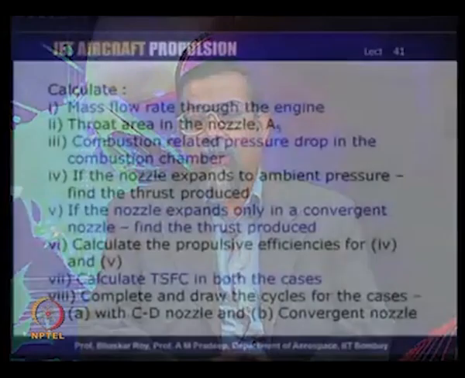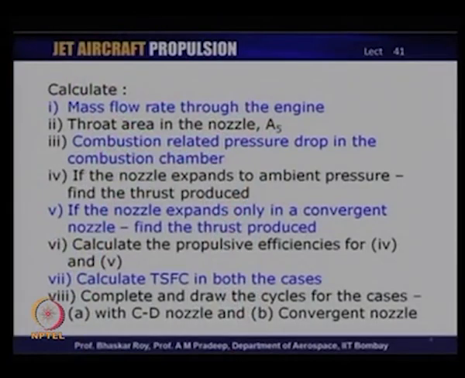What are required in terms of finding the solution are, you find the mass flow rate through the engine, which is the first thing you of course would need to do, the throat area in the nozzle, the combustion related pressure drop in the combustion chamber, and if the nozzle expands to ambient pressure, find the thrust produced.